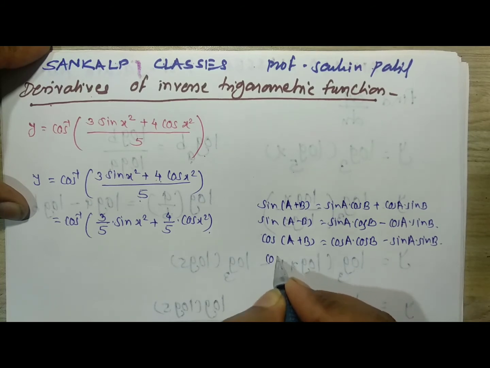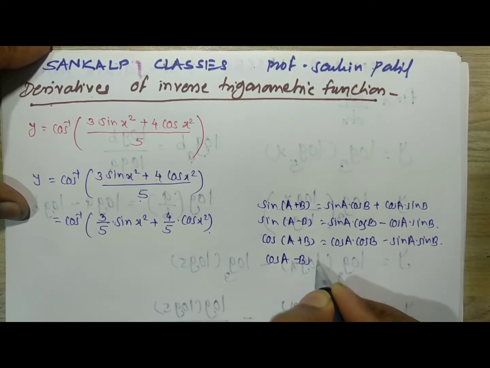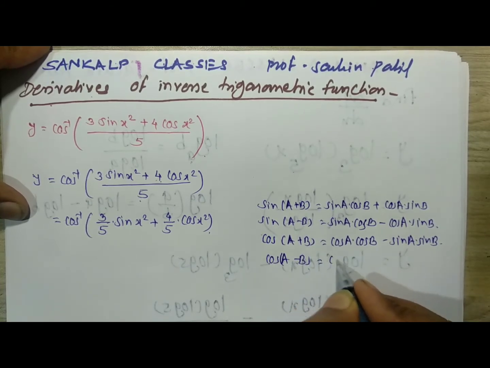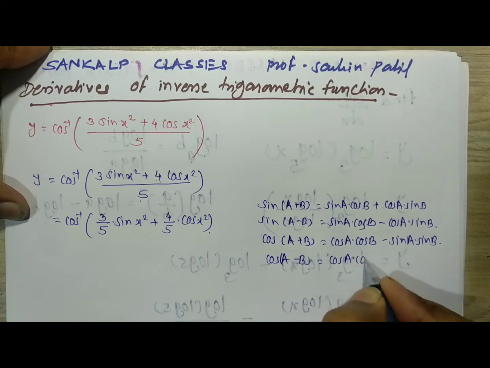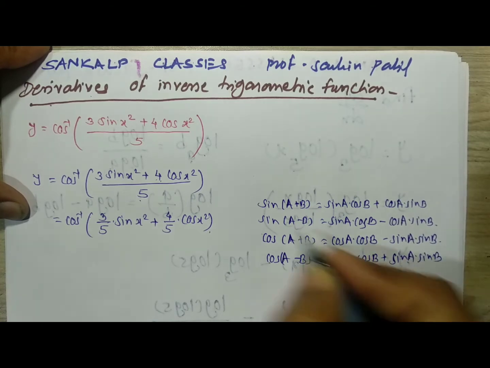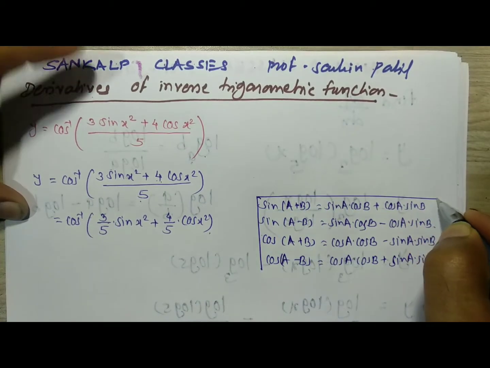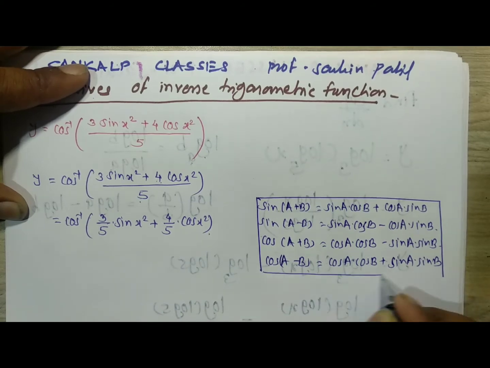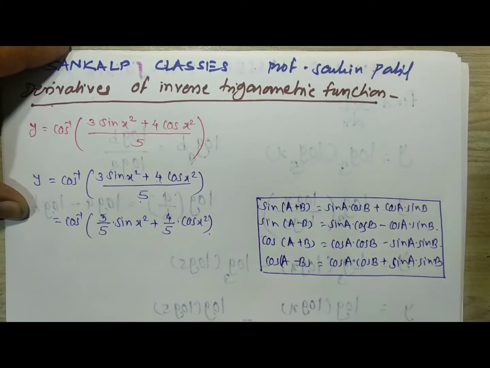Similarly, you will get cos(a minus b) is equal to cos a into cos b plus sin a into sin b. Those formulae are very useful in this type of derivative of inverse trigonometric function.